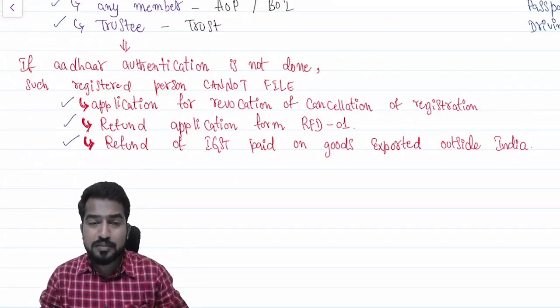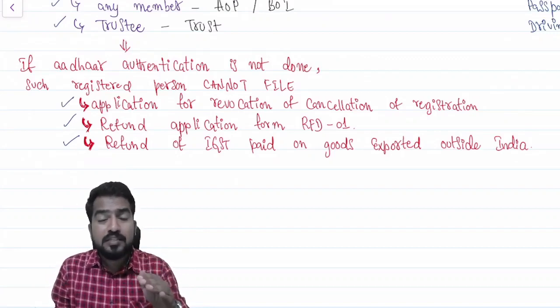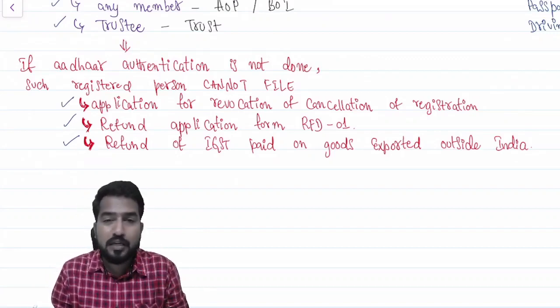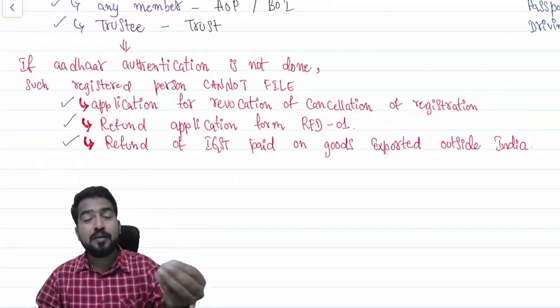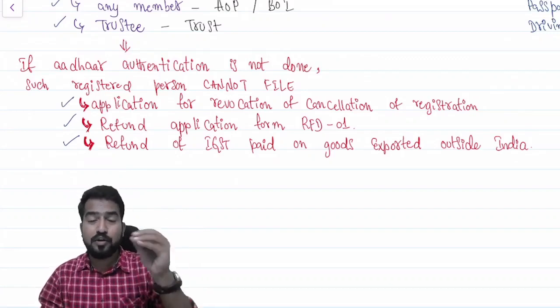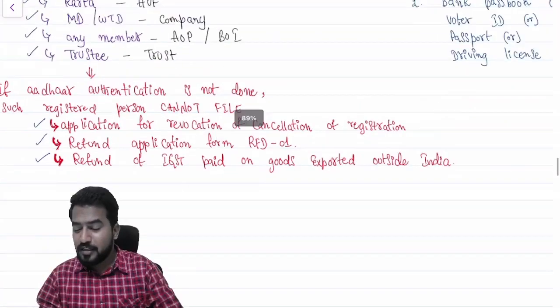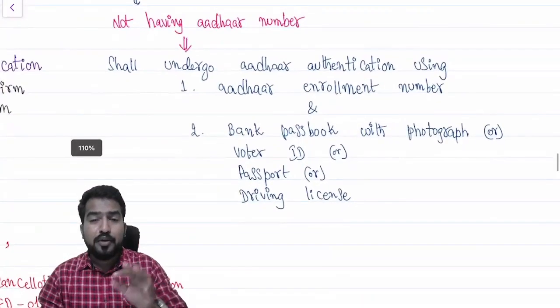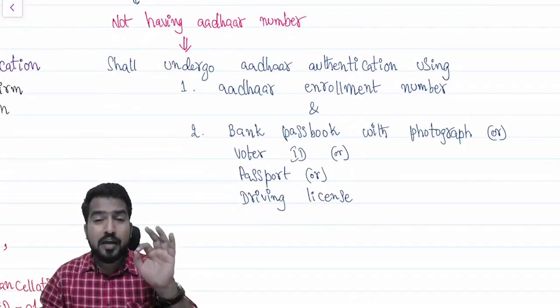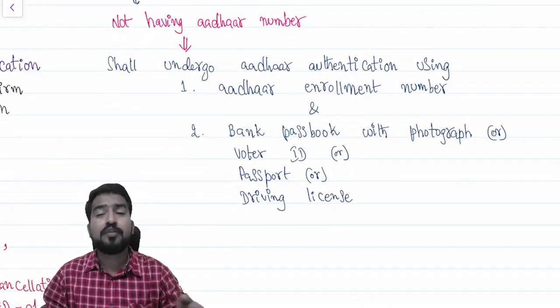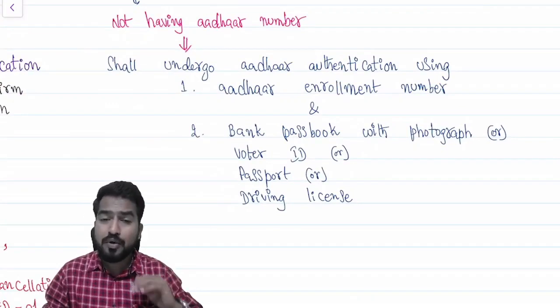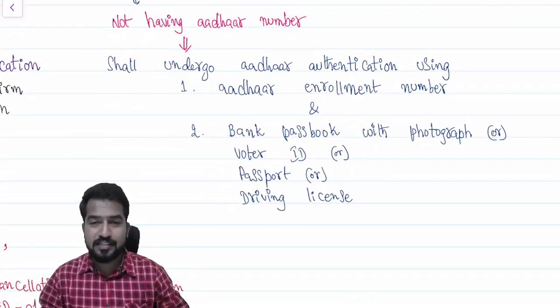Now you may get a doubt: sir, what if I have not been allotted an Aadhaar number? Then the law says you should first apply for an Aadhaar card, and before the Aadhaar number is allotted, you can also proceed with Aadhaar authentication. That is, you use your Aadhaar enrollment number and your bank passbook with photograph, or your voter ID, or your passport, or your driving license.